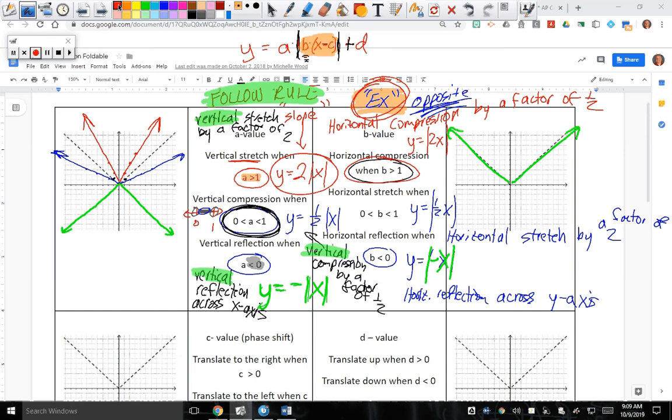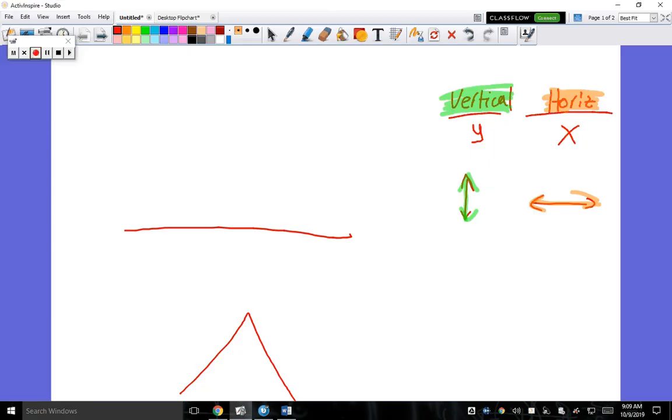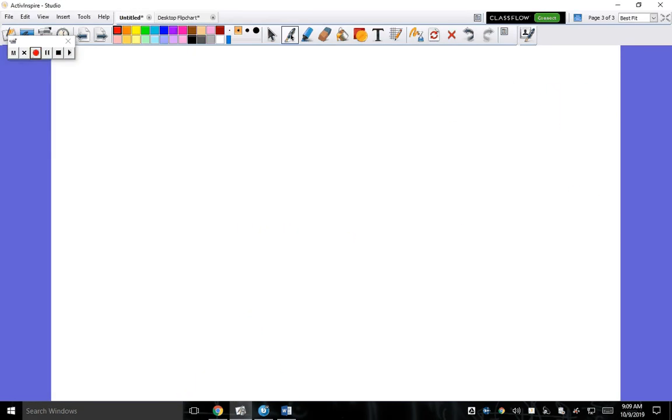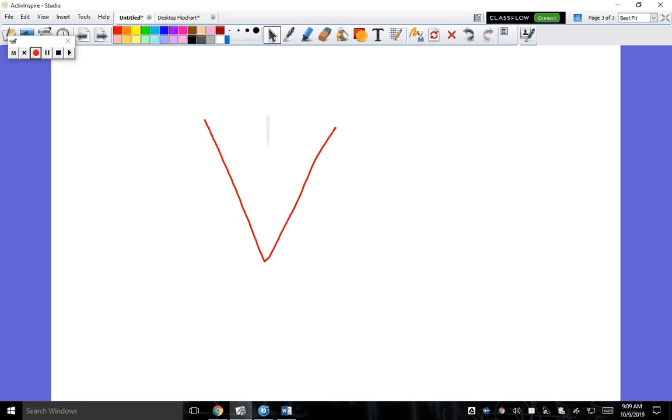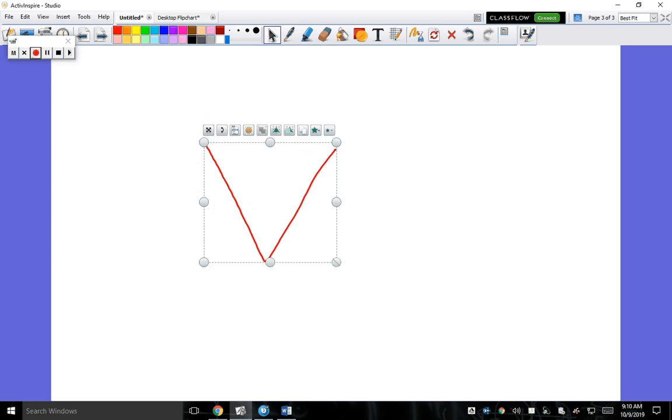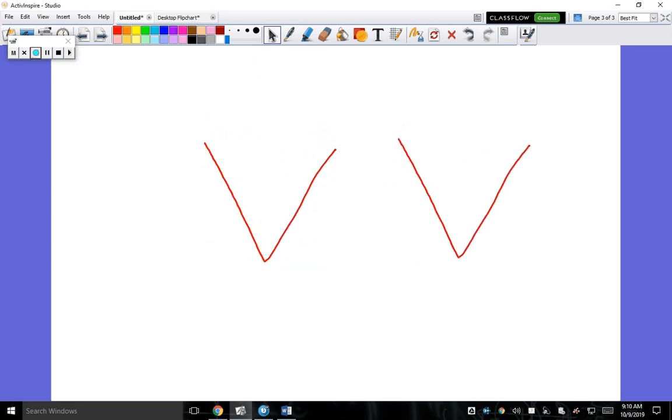We said it's a horizontal compression. I want you to think of the graphs that we did. Okay, you ready? Here we go. This is a vertical stretch. Do you see what's going on? Alright, so let me show this two different ways. A vertical stretch, we'll do that.